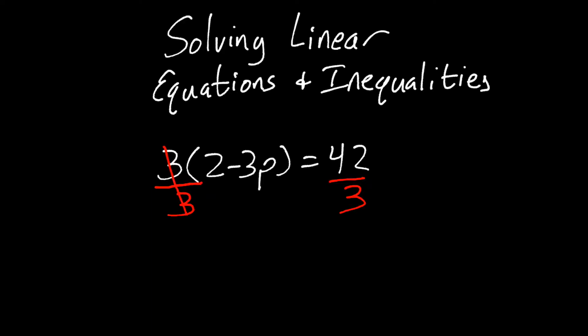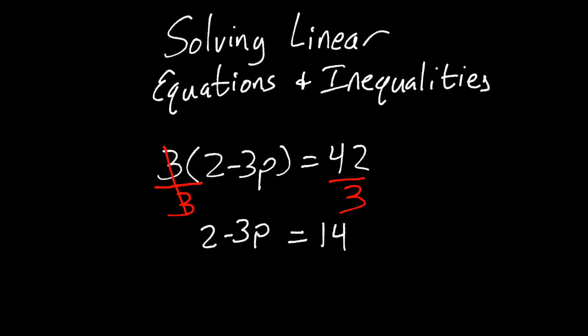That cancels out my 3, and I now have 2 minus 3p. I don't need the parentheses anymore because nothing is affecting it on the outside. 2 minus 3p equals 14. Our goal is still to get p by itself, so now that we don't have the parentheses, we still want to go in reverse order of our order of operations.